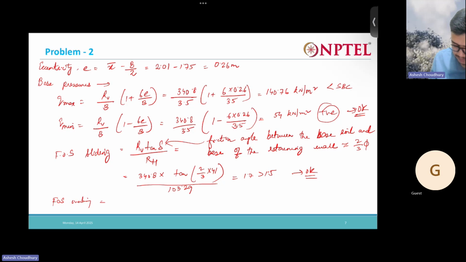So this is nothing but the sum of resisting moments by overturning moment. So what are the resisting moments? You have the retaining wall, right? All the downward forces that are acting, times the lever arm, will give you the resisting moment. And my overturning moment is my PA times this distance.